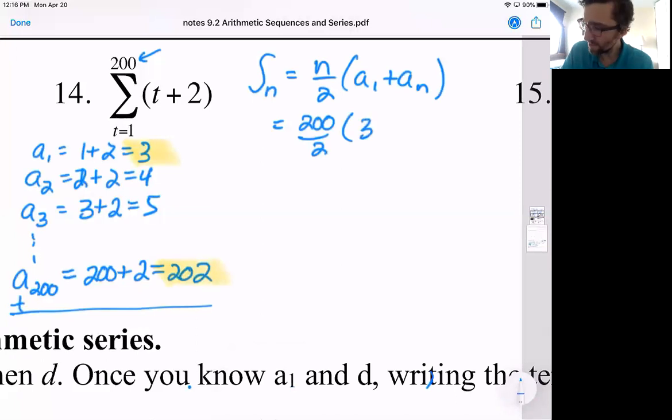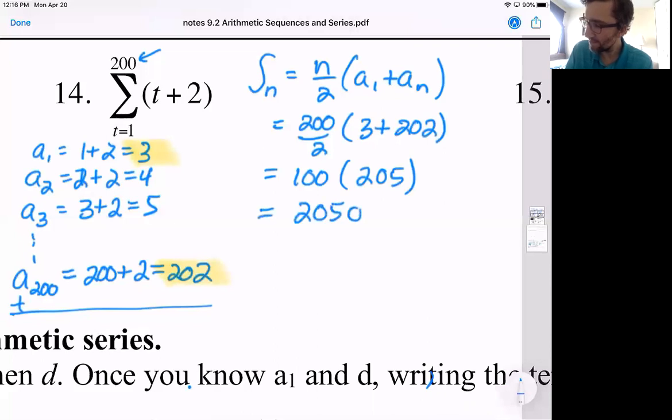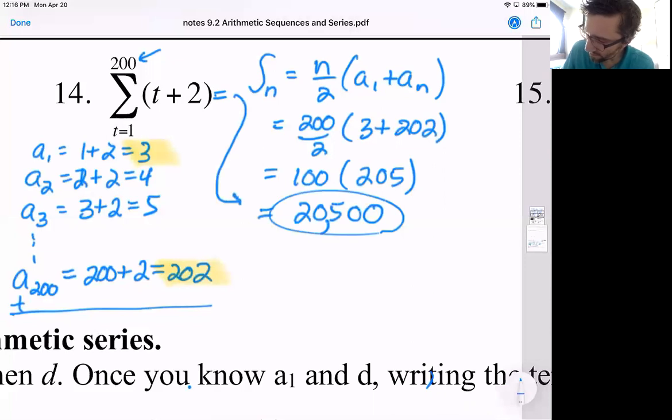Our first term's 3, that I've highlighted there, and our last term's 202. So that would give us 100 times 205. And multiplying that would be 205 with 2 zeros. So our sum would be 20,500.